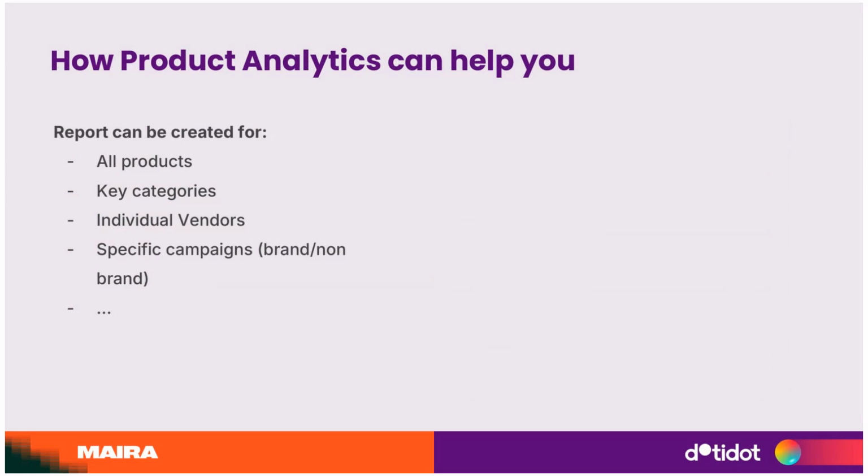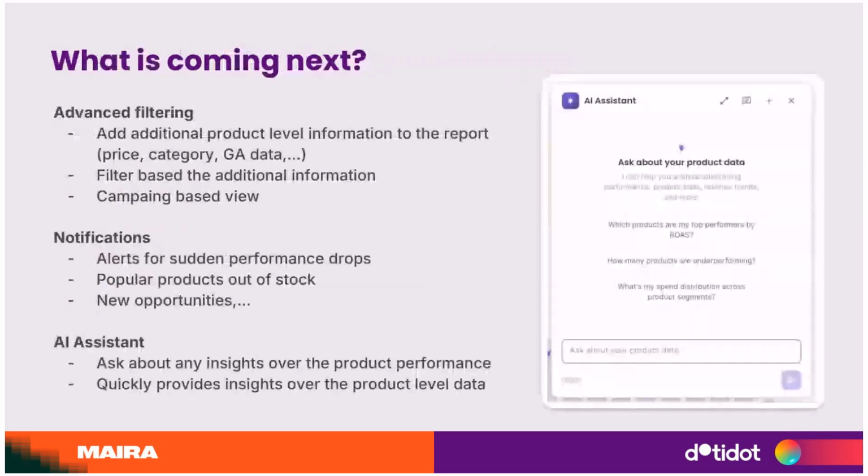You can also not only create it for all products, but select key categories. You can create different reports for different vendors. You can create a report for specific campaigns, brand, non-brand, etc. So it really gives you a nice way of looking at your campaigns and your performance.